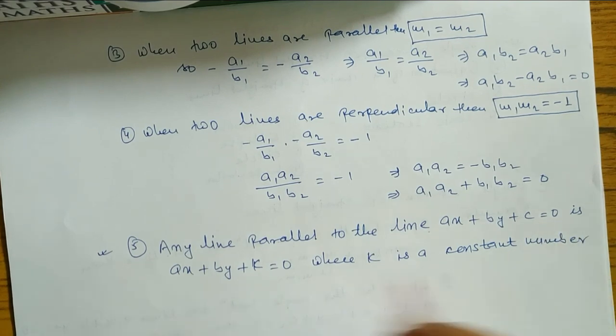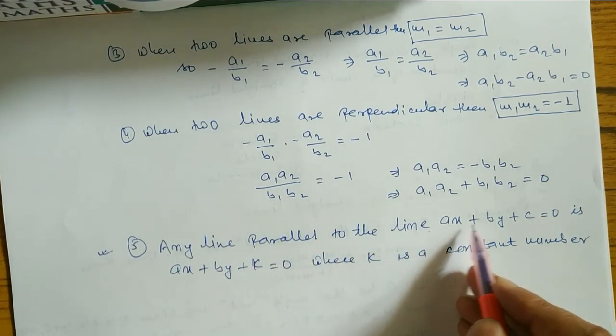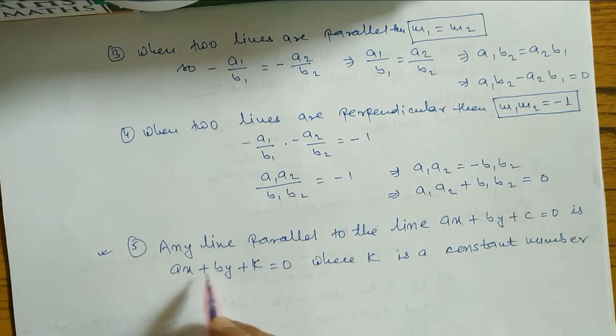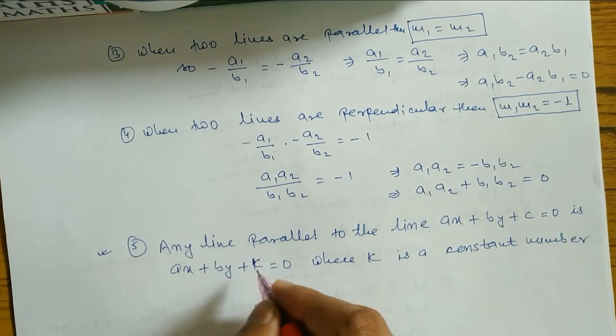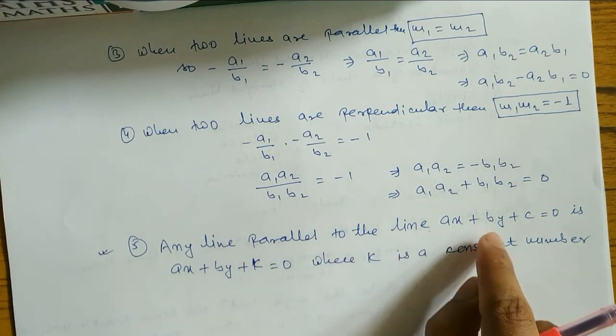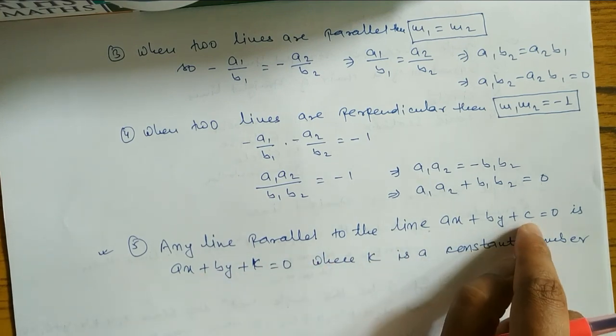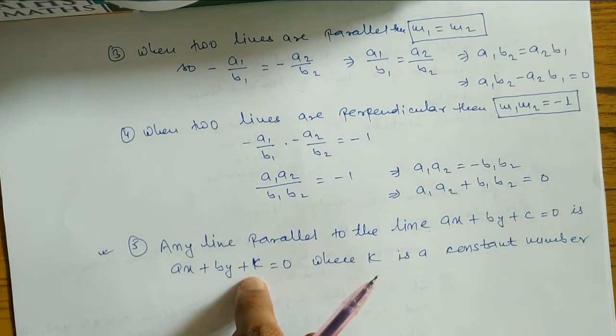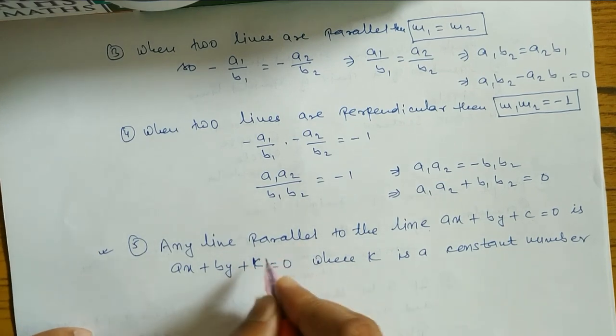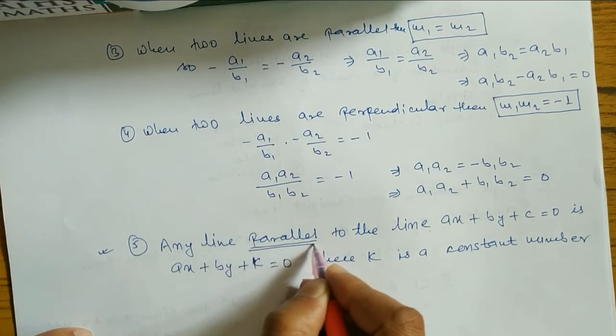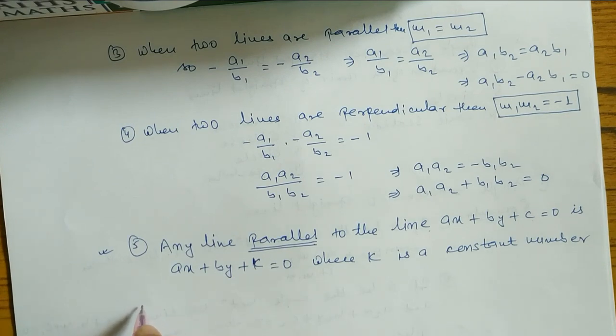Look at here properly. ax same, by also same. In the place of the constant c, we have to write k when two lines are parallel. But when perpendicular, then how do we have to write?